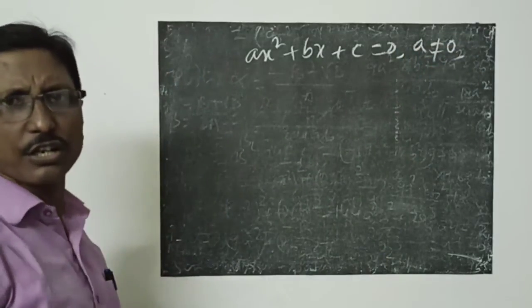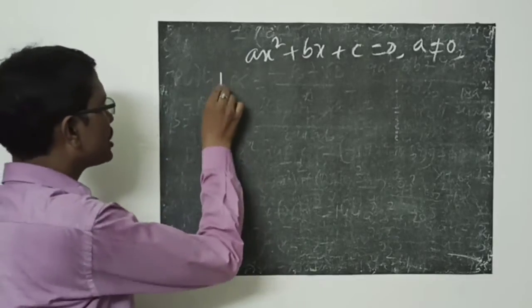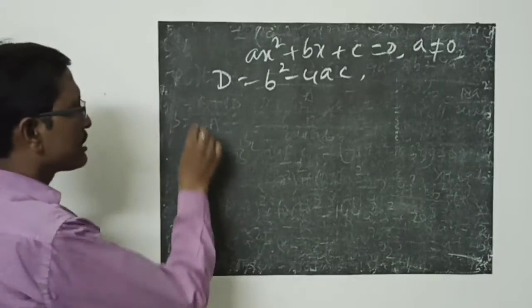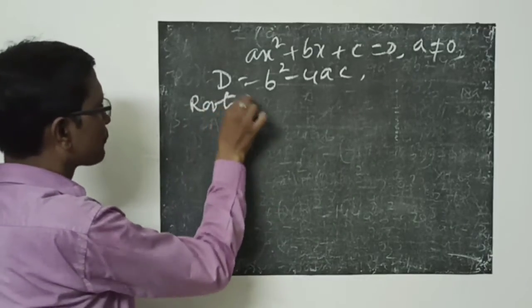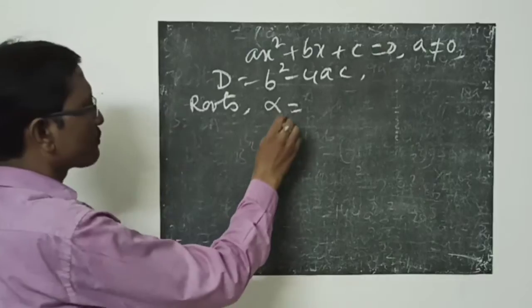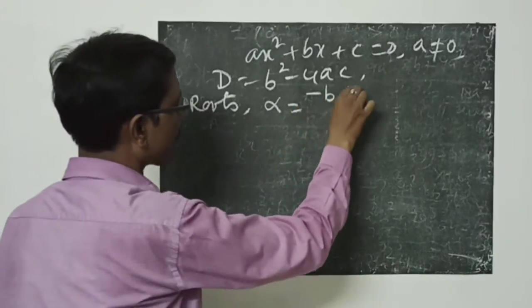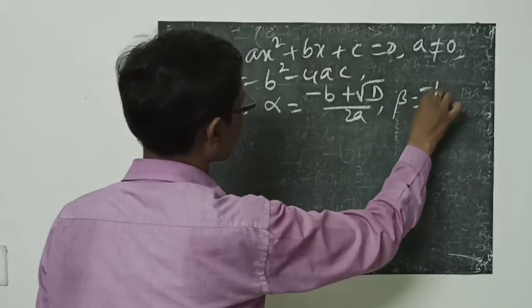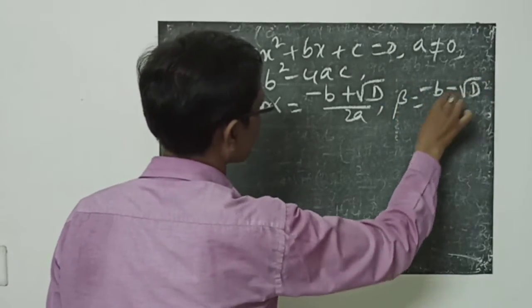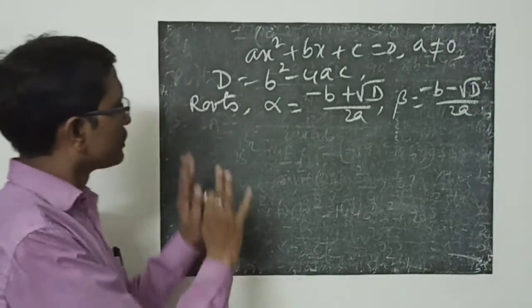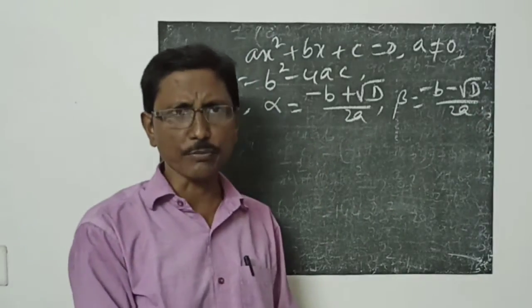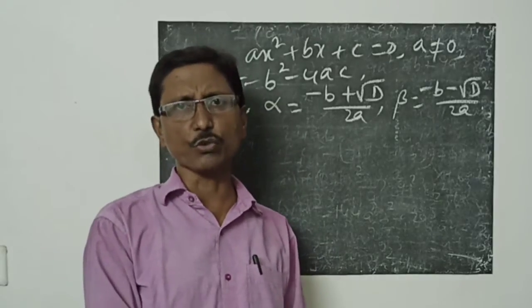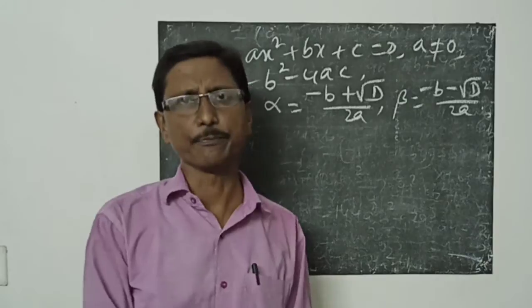For this case we know the discriminant D equals b square minus 4ac, and the two roots are given by alpha equals minus b plus root D by 2a, and beta equals minus b minus root D by 2a. We got these in the last class. From there, we want to see what type of roots the equation will have.